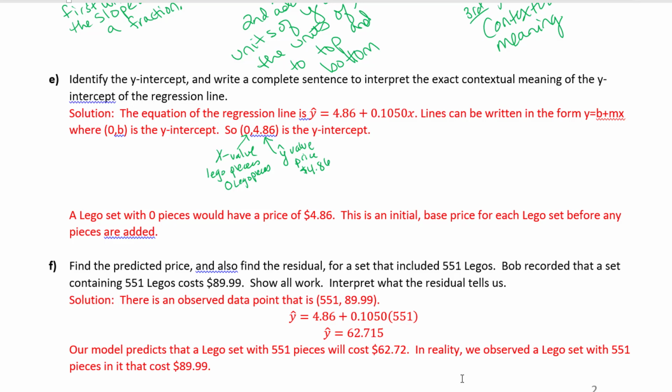The residual tells us about the actual error between the model's prediction and reality. A residual is always calculated by taking the observed y value in reality minus the predicted y value from the equation. So in this case, the observed y value in reality was $89.99 minus the predicted value of $62.72.